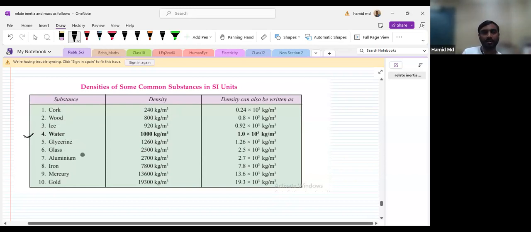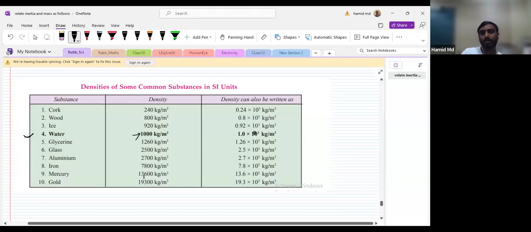Then glycerine, glass, aluminum, iron, mercury, and gold are denser than water. Water is 1000 and mercury is 13,600. It is 13,600 times denser than water.